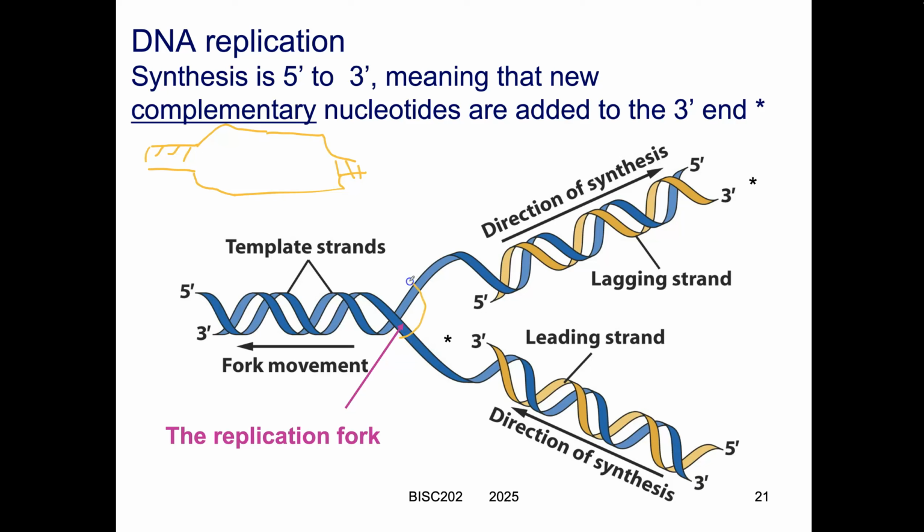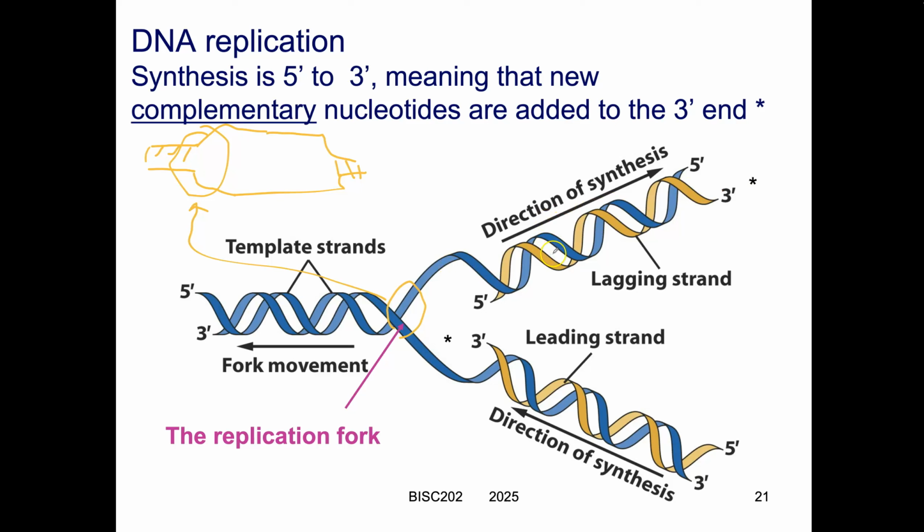Now, the part we're looking at, the replication fork, we're only looking at what's going on one side of this, and we'll maybe come back to it. I think I will do a third recording just to give you a little break in between all these long recordings. But basically, the DNA is opened. We'll talk about that, and then a new DNA is made.